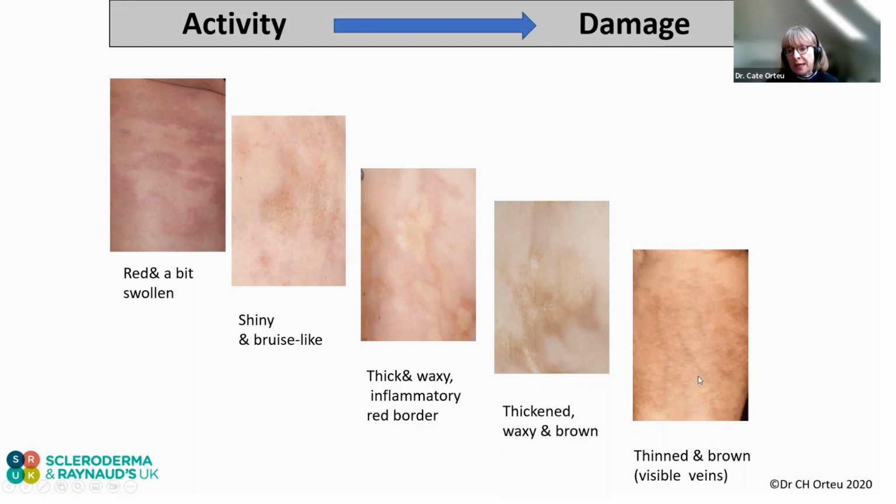And then subsequently, you may get thinning of the skin and the pigmentation, and then the blood vessels become more visible through the skin, and you can see a difference between the normal skin here and then the skin which has got damaged by morphoea.